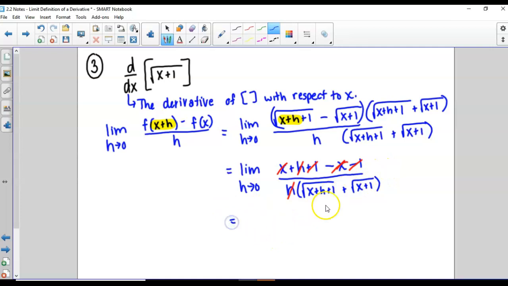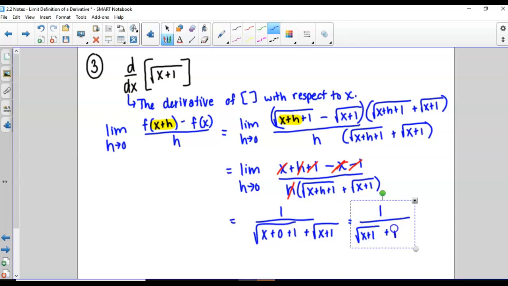If we plug in 0 for the h, we'll have 1 over the square root of x plus 0 plus 1 plus the square root of x plus 1, which is going to give us 1 over the square root of x plus 1 plus the square root of x plus 1.